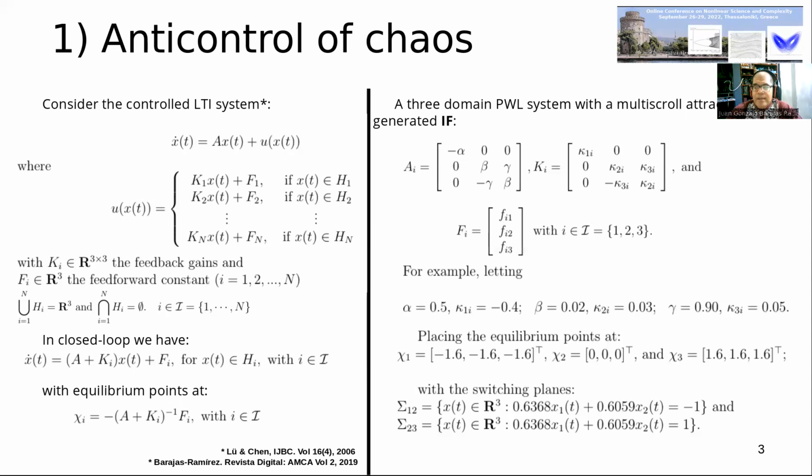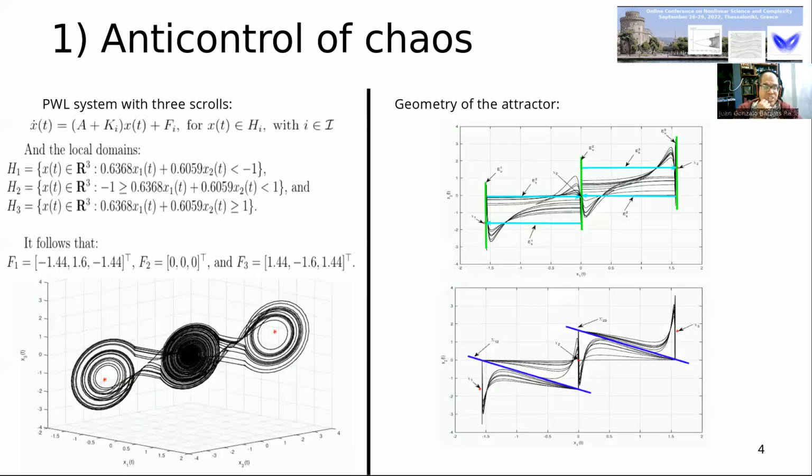In this way, you can place, for example, the equilibrium points at the origin, and one negative and one positive. Adding the switching planes proposed here, you'll describe a simple transition between the stable and unstable directions of this local linear dynamics. That is, you will generate an attractor with 3 scrolls as proposed here, with a simple geometry as shown in this slide.